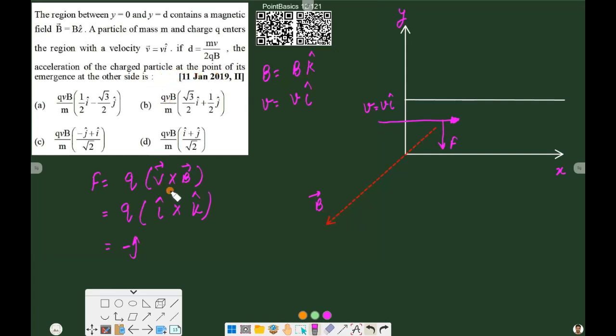Now first let's draw the path of the particle, and D, value of D, that thickness, this D is also given, that D is equal to mv by 2qp. So here it is not mentioned that from which point the particle enters, it can either enter at y is equal to d or somewhere in the middle.